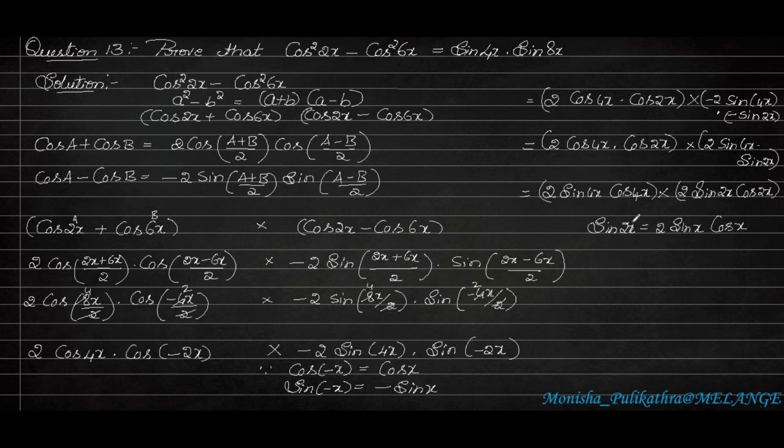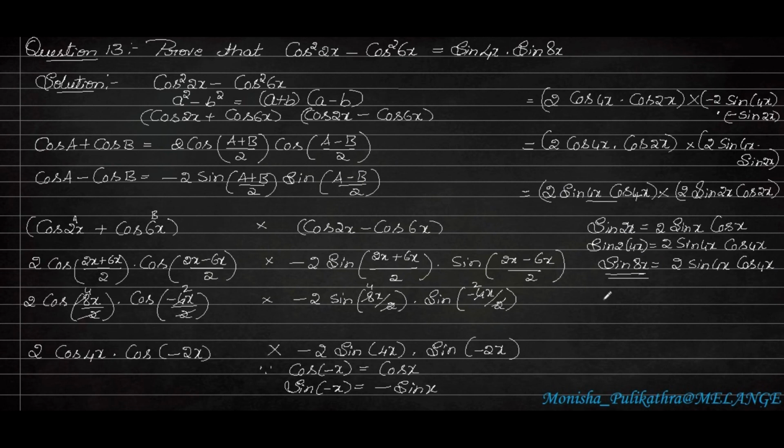Instead of x, here 4x is taken, so it will become 2 sin 4x and cos 4x. So sin 2 into 4 is 8, therefore sin 8x will become 2 sin 4x into cos 4x.